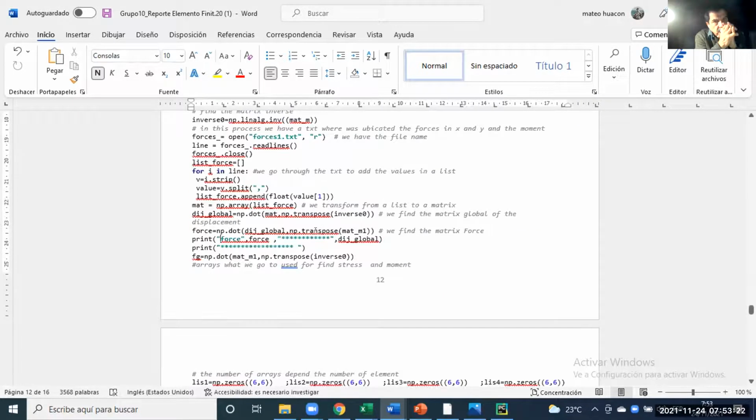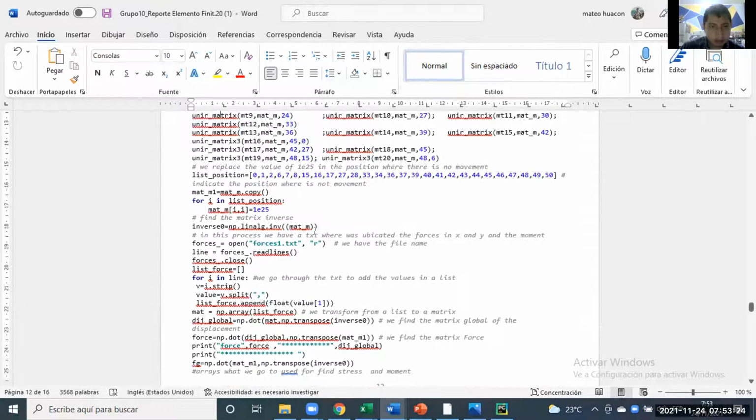In this part, the matrix multiply for the internal force and replace the value.